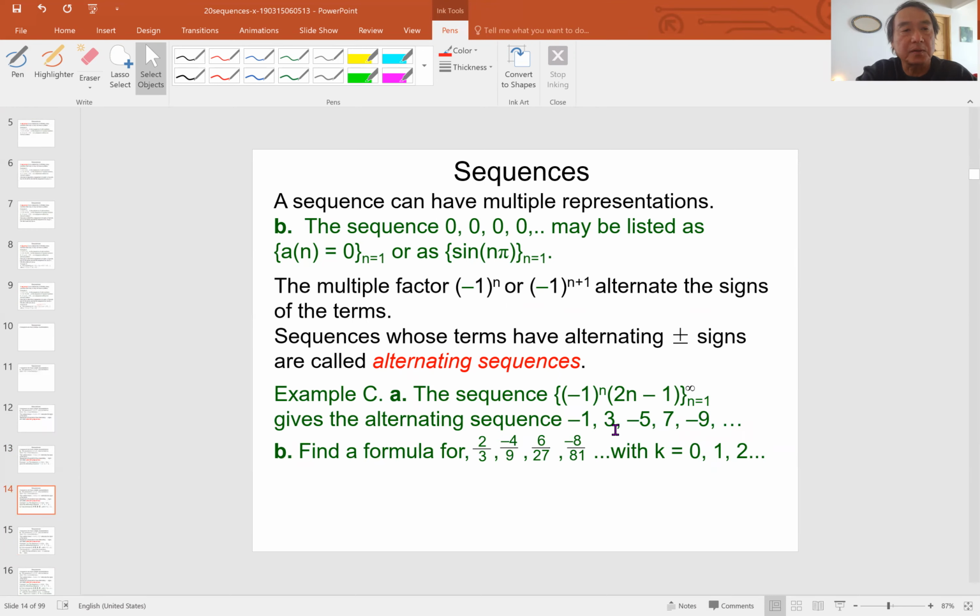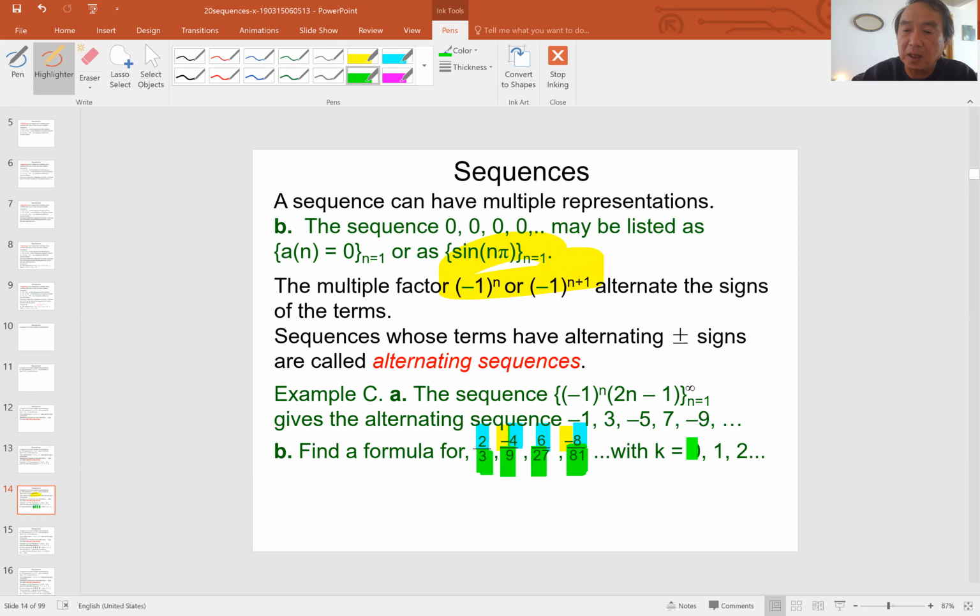And we can piece together formulas. Here's an example of piecing together a formula. First we notice it's alternating, so that formula is going to come in somewhere. Then we notice these are fractions. They have two parts: the top part, the numerator, are just even numbers, and the components down below, the denominator, are the powers of 3. So we create formulas for the even numbers and the powers of 3.